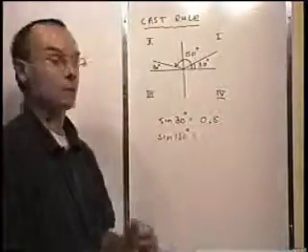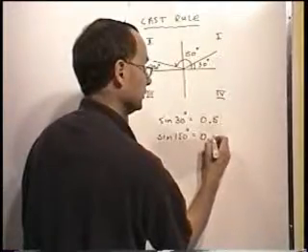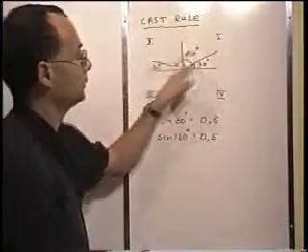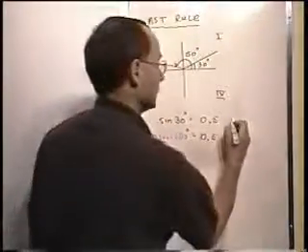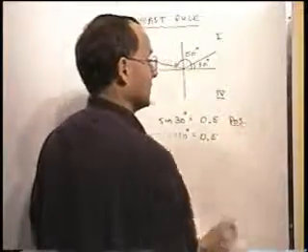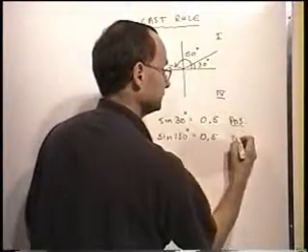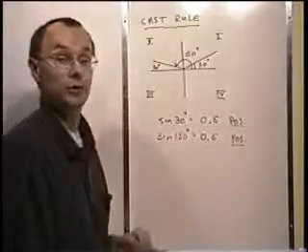Again, I would look this up on the calculator, and I would find I get positive 0.5. So we've noticed that in quadrant 1, the sine is positive. And we see in quadrant 2, the sine is positive.